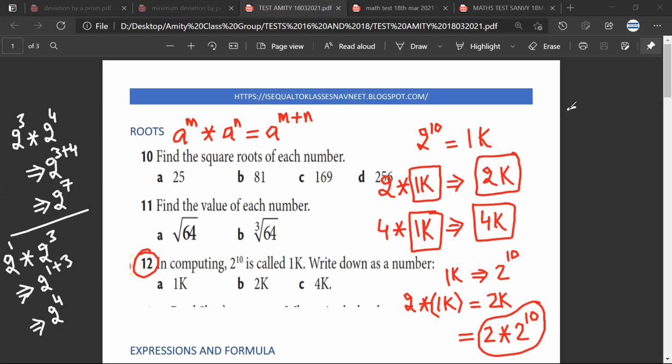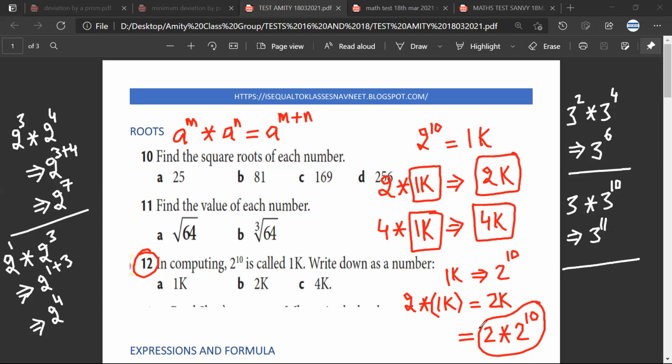Okay, let us do some more examples. So 3 raised to power 2 into 3 raised to power 4 would be equal to 3 raised to power 2 plus 4, which is equal to 3 raised to power 6. 3 into 3 raised to power 10 would be equal to 3 raised to power 11.